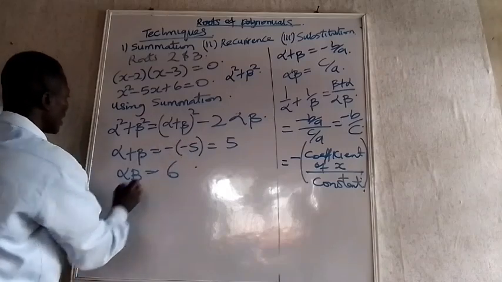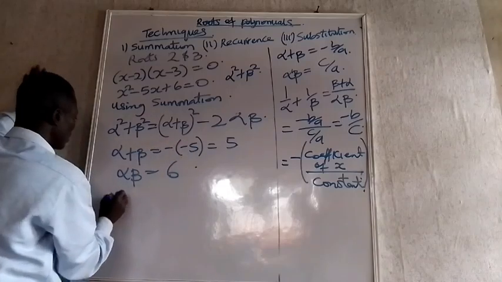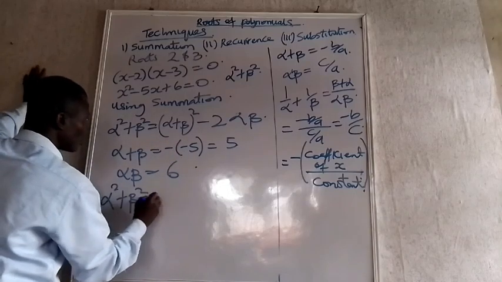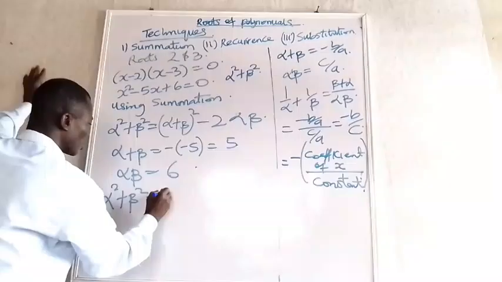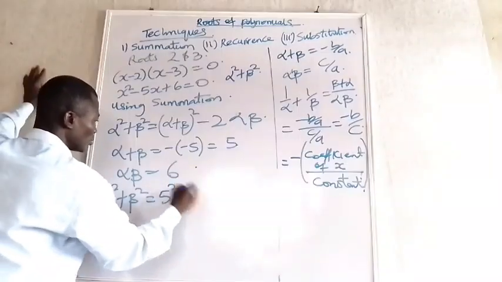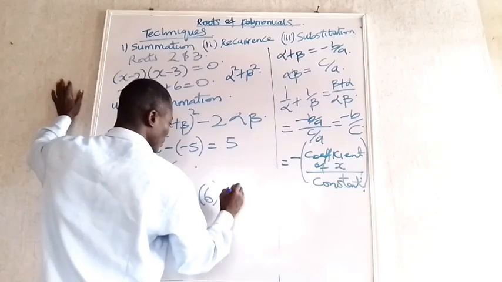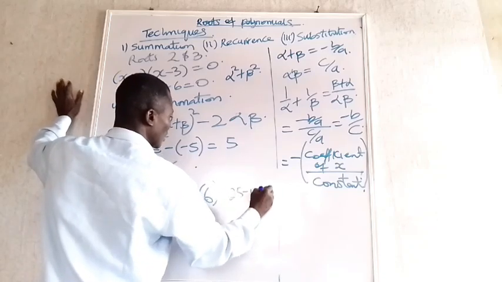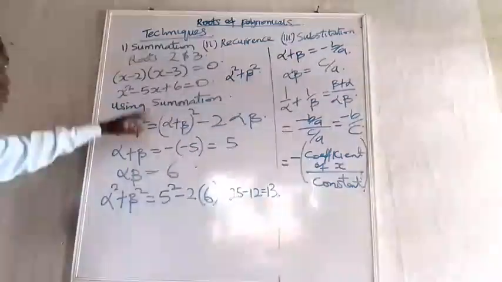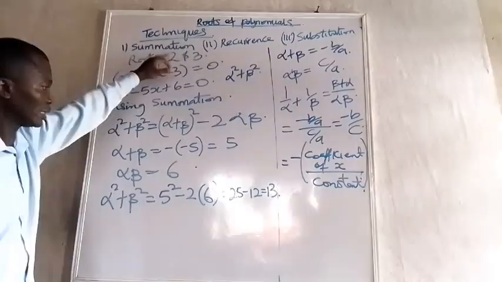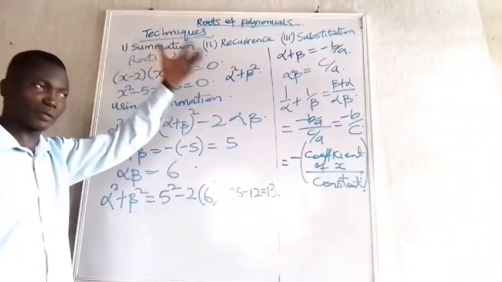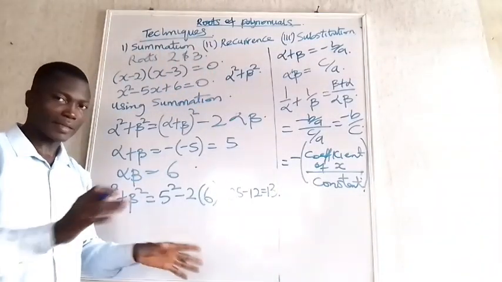So alpha squared plus beta squared will be 5 squared minus 2 into alpha beta, which is 25 minus 12, and that is 13. And we know what our roots were: 2 squared plus 3 squared, that is 4 plus 9, that's 13. So our answer is correct.